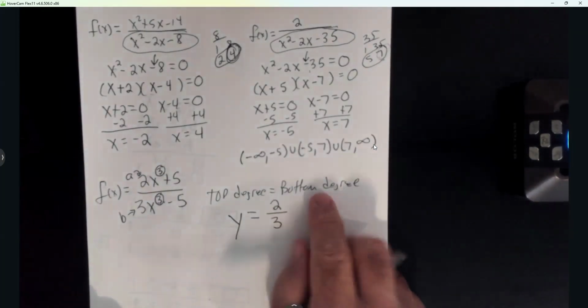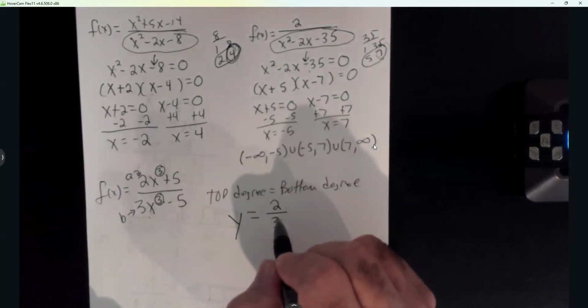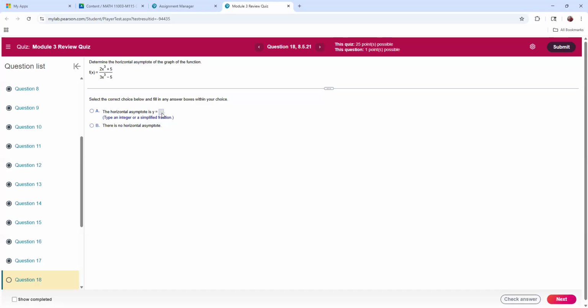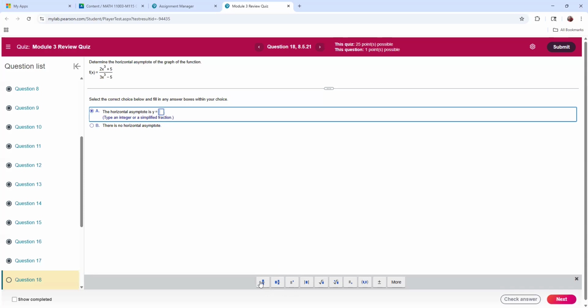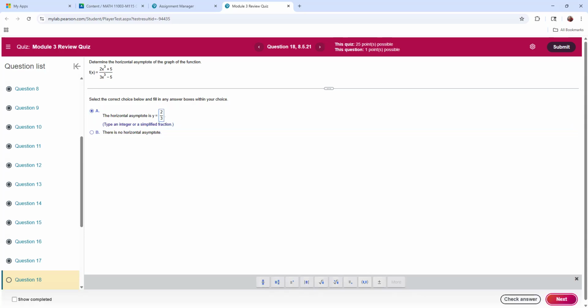So if they're equal, you're looking at the numbers in front for your horizontal asymptote. So I'm looking for one of those to say 2/3. Now look here, they got the y equals, so we're just going to put in the fraction and put in a 2 over 3 for that, okay? All right, y'all, let's hit next.